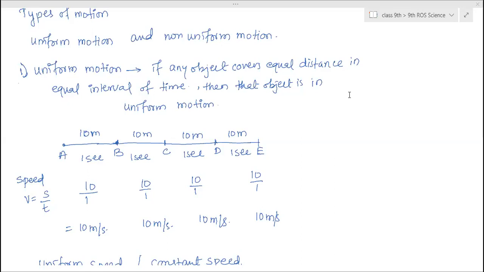Though the direction changes, we consider uniform velocity instead of speed. Velocity will change because the direction changes, but the speed will be the same. So uniform motion need not be in only one direction; you can change the direction and it is still uniform motion.